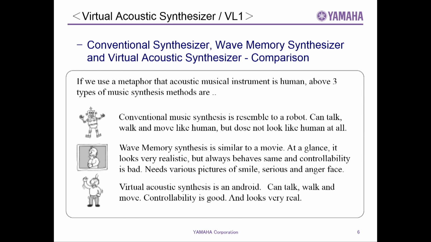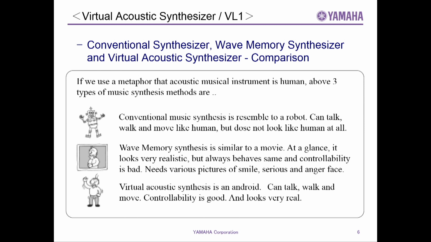This chart, like an animation or manga, uses the metaphor of an acoustic musical instrument like a human. The above are 3 types of musical synthesis methods: the conventional synthesizers like analog synthesis, FM, or wave memory synthesis, and virtual acoustic synthesis. These 3 are explained below.